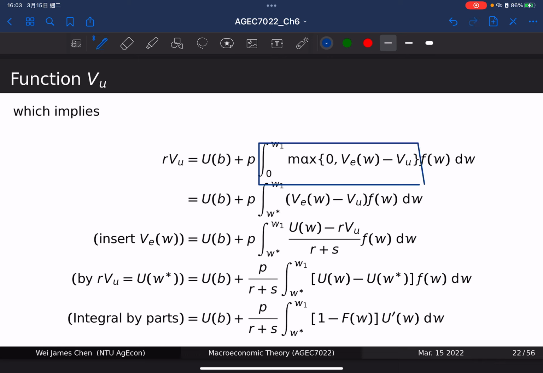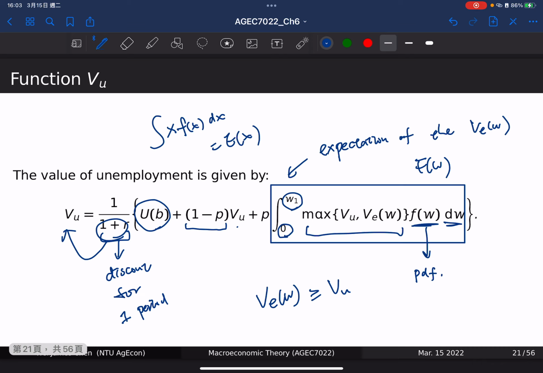Here what changed is that I actually have a VU, so 1 plus r times VU over here.